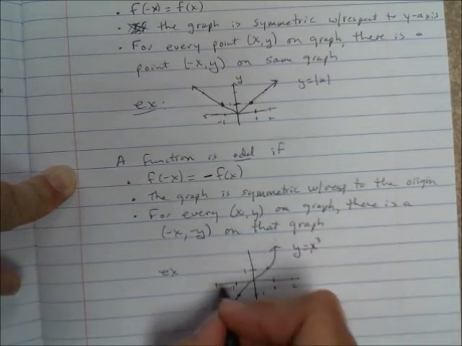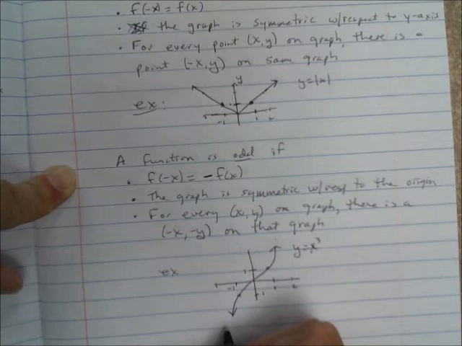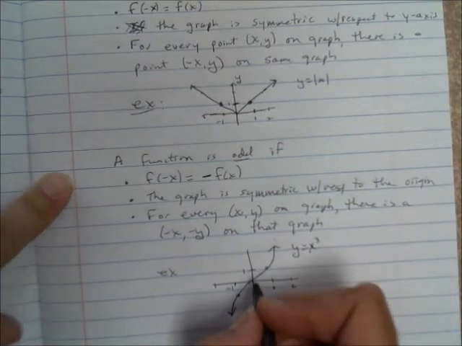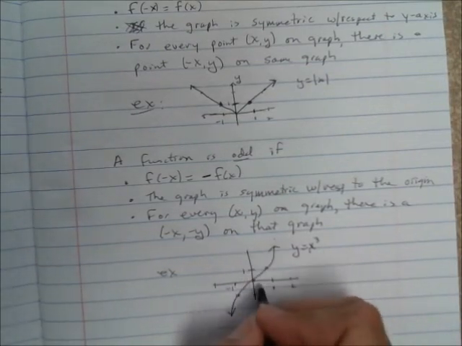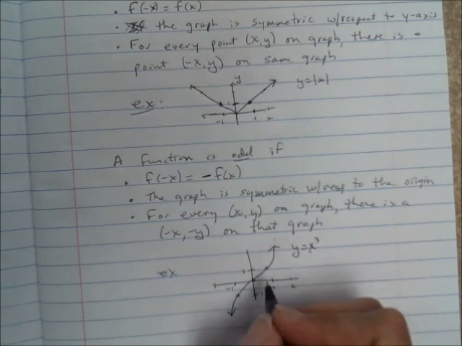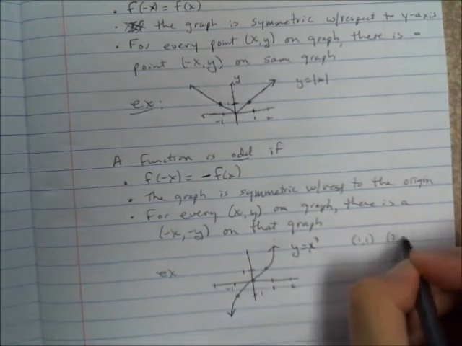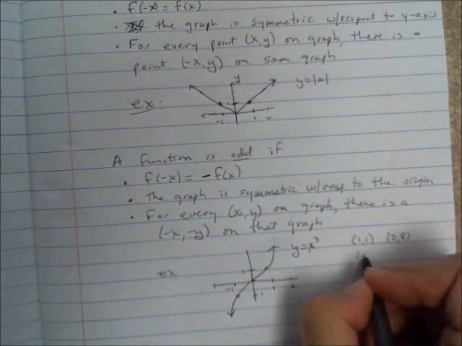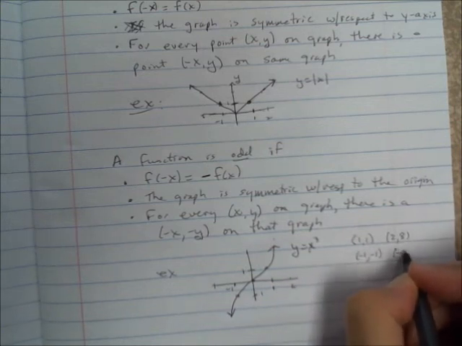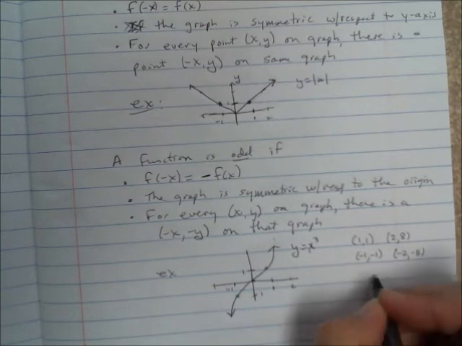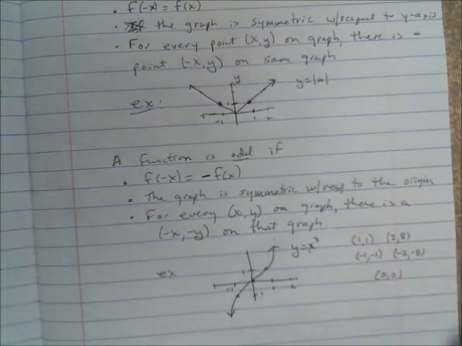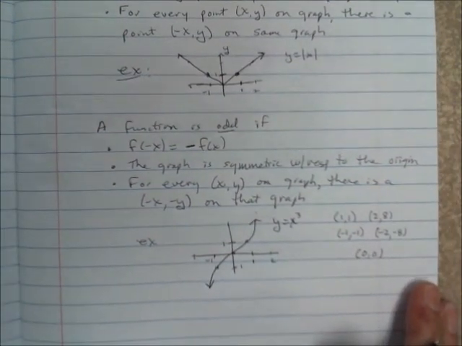It has a point negative 2, negative 8. And 0, 0 is also on the graph. So those are 1, 2, 3, 4, 5 different points on this graph. 1, 1, 2 cubed is 8, negative 1 cubed is negative 1, negative 2 cubed is negative 8, and of course 0, 0 is on this graph. Those are just 5 example points there.